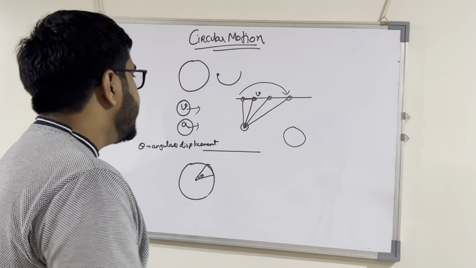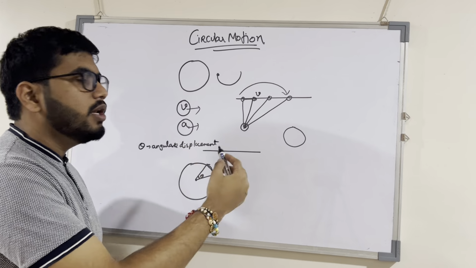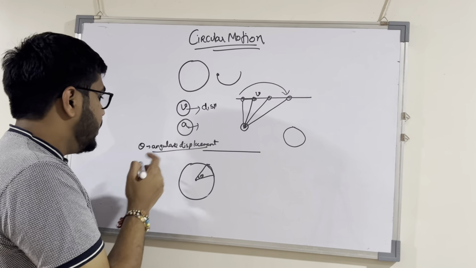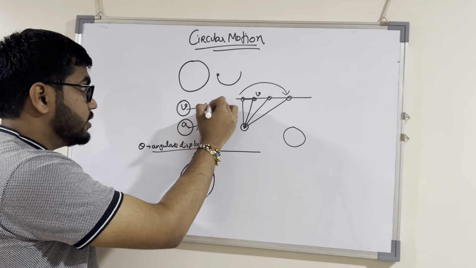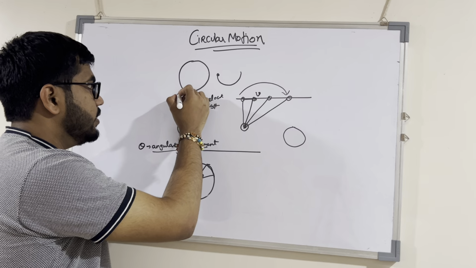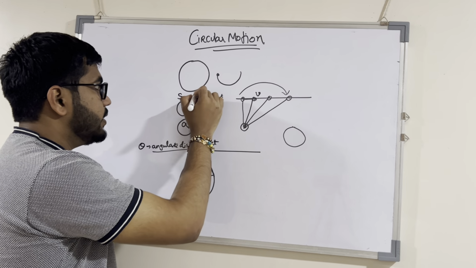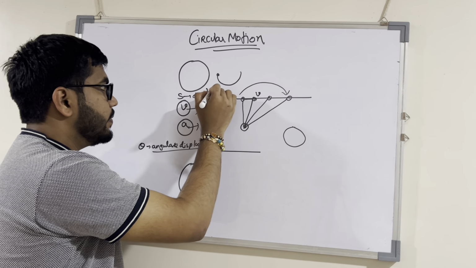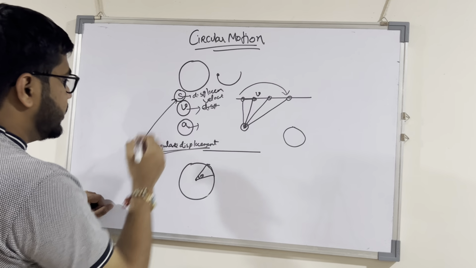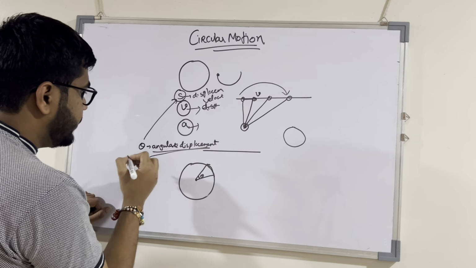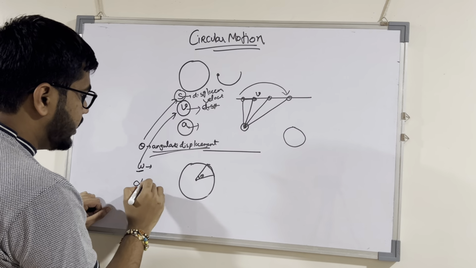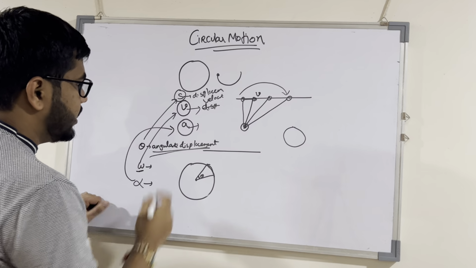Let's try to relate all these terms with normal linear motion. Angular displacement is like displacement, s for displacement, and there is v for velocity, right? So angular displacement is just like your linear displacement, then there is angular velocity, which is like your linear velocity, and there is angular acceleration, which is like your linear acceleration.